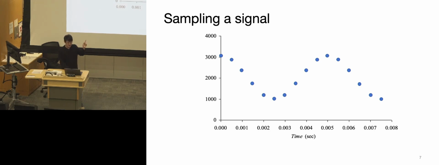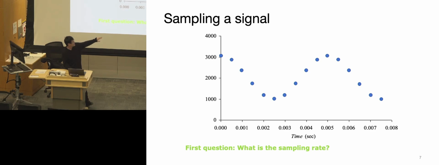Basically, this is a sampled signal. Each of the points means one data point. Just by looking at this graph, can you calculate the sampling rate of this system at the moment?